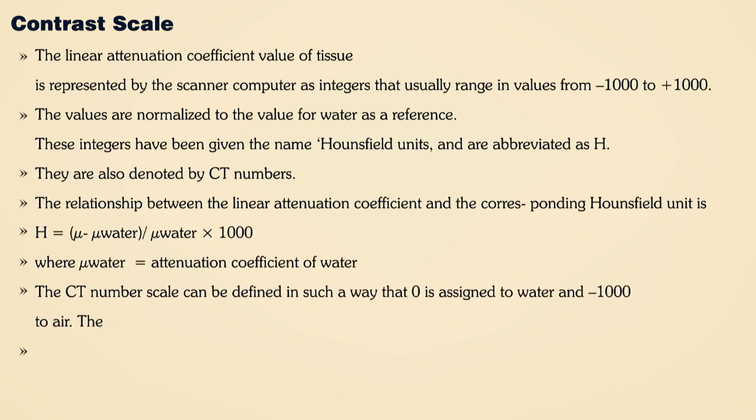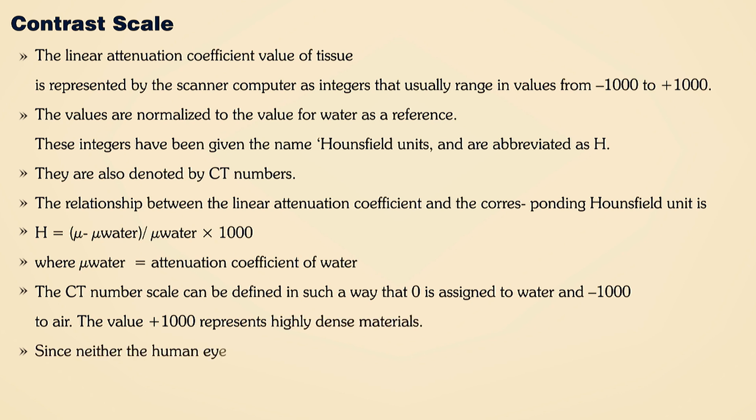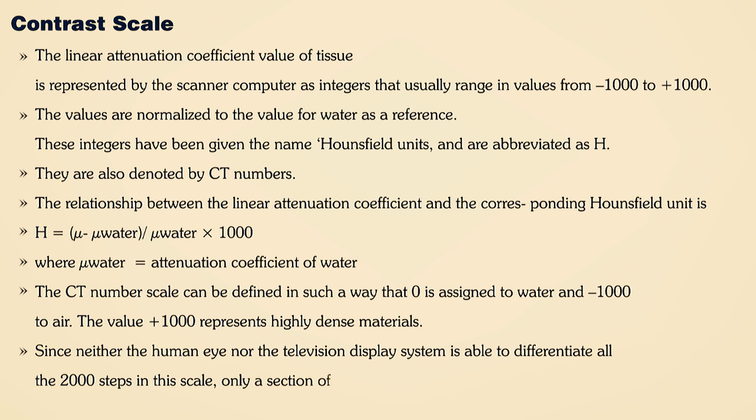The relationship between the linear attenuation coefficient mu and the corresponding Hounsfield unit is H is equal to mu minus mu water divided by mu water into 1000, where mu water is equal to the attenuation coefficient of water. The CT number scale can be defined in such a way that 0 is assigned to the water and minus 1000 to the air.